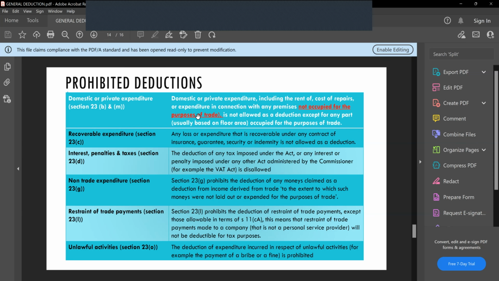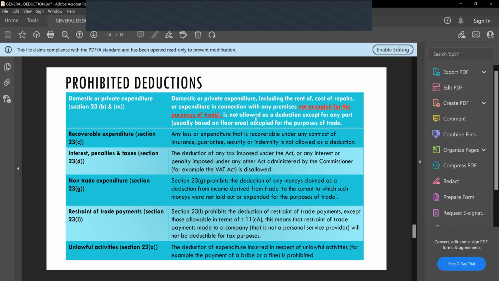So basically, if there's any domestic or private expenditure in connection with any premises which is not occupied for the purposes of trade, such expenditure would not be deductible. It would be prohibited in terms of Section 23B and M.